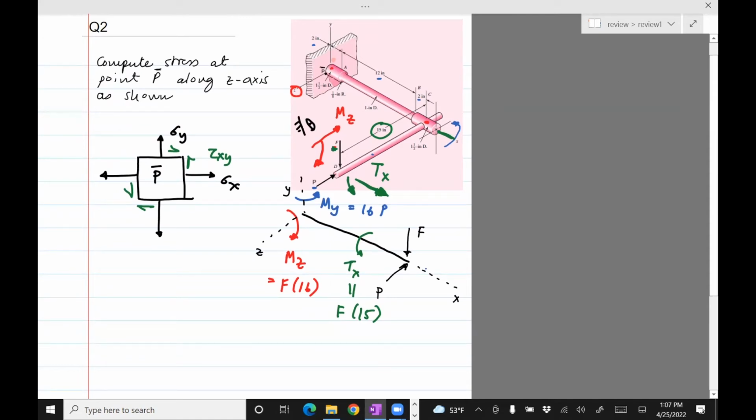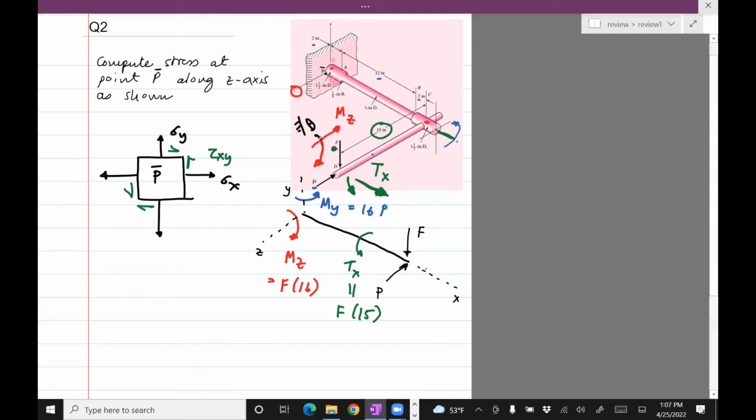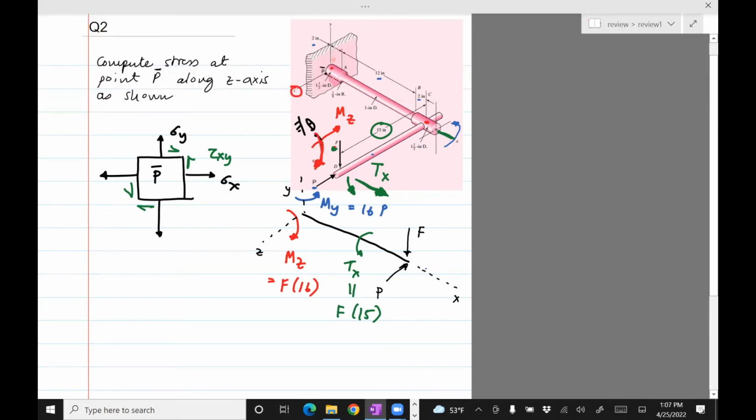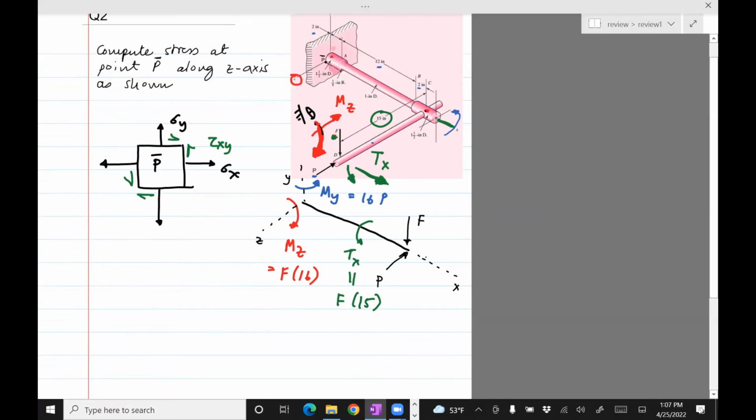Yes, that's right. That's the z-axis. So this is how this force will cause this thing to bend, and so if you curl your fingers along this on the right hand, then your thumb will point in z direction.